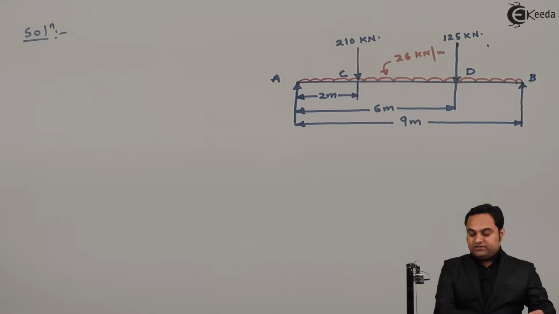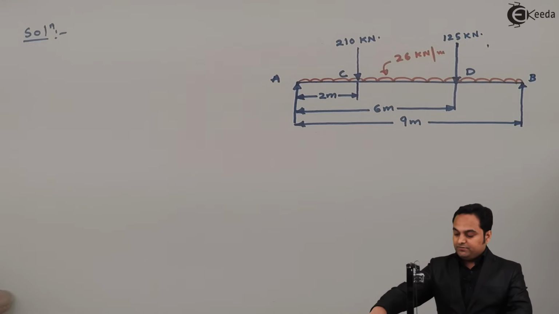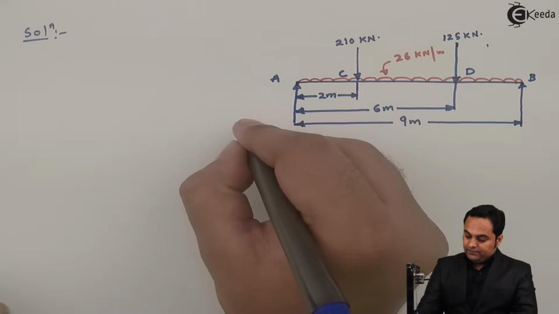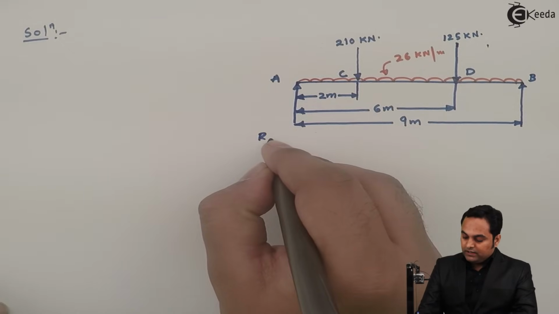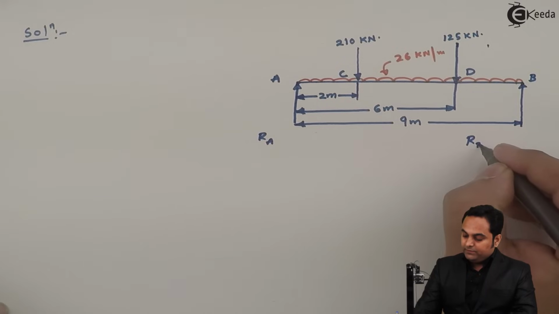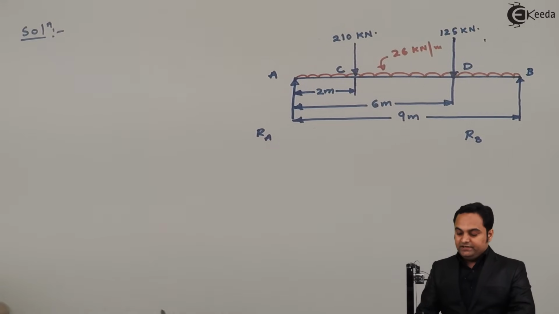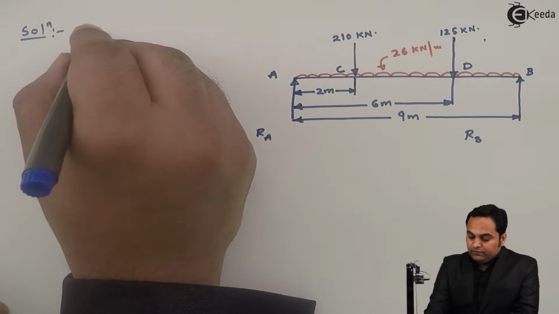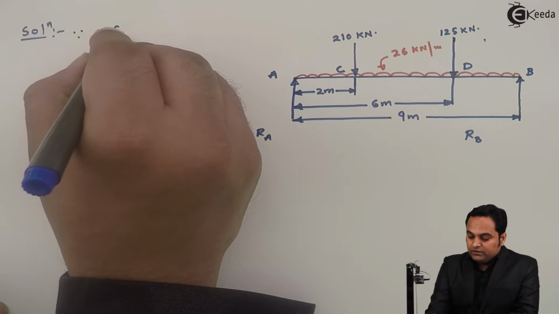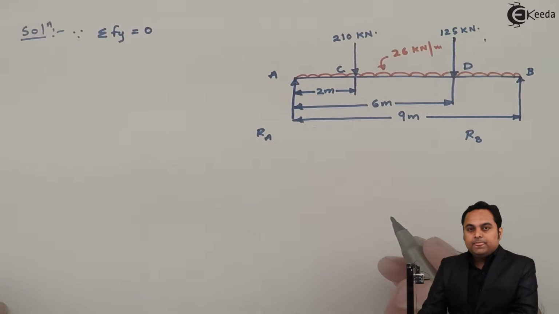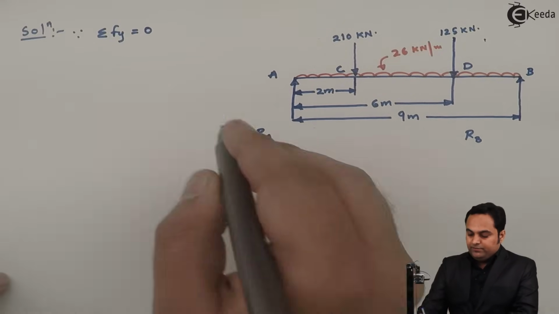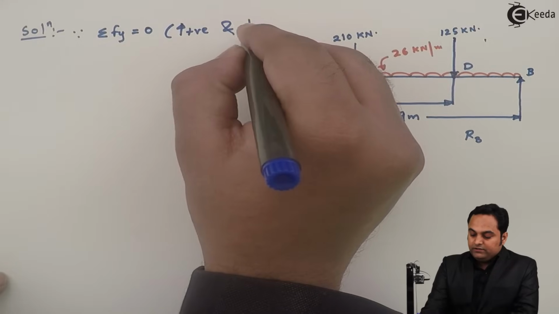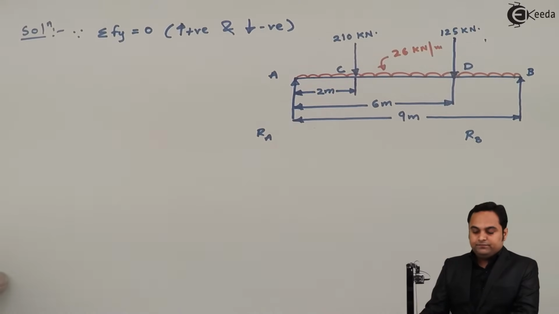So when we are solving such problems based on double integration method, the first thing is we should know the support reactions. At A the reaction will be R suffix A, at B it will be R suffix B. So while writing the solution, I'll say that since summation of Fy is equal to 0, considering the beam to be in equilibrium, here I'll take upward forces as positive and downward forces as negative.